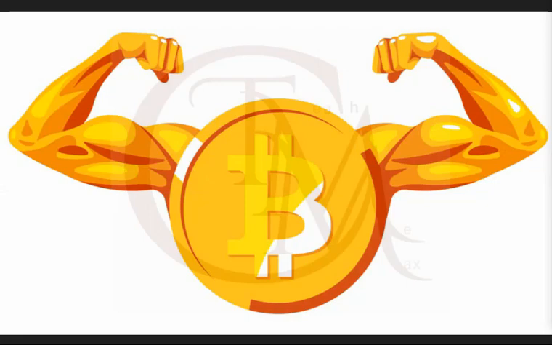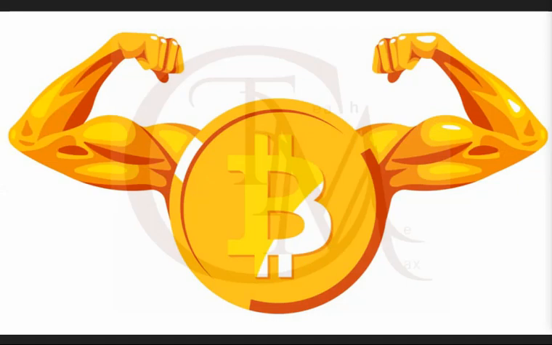Applications of the Bitcoin dominance indicator. 1. Identifying market trends. Increasing Bitcoin dominance: when Bitcoin dominance rises, it often indicates that investors are moving toward Bitcoin as a safer asset.